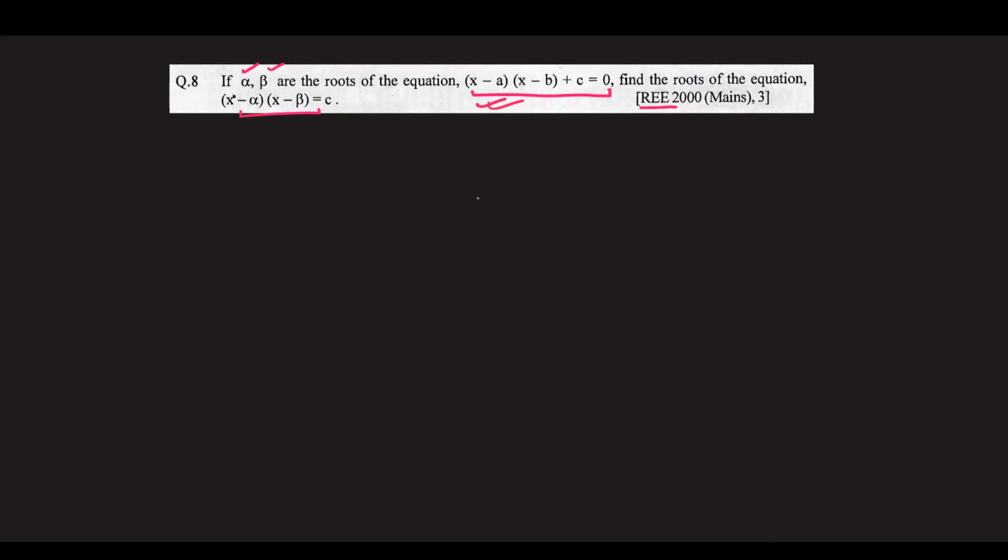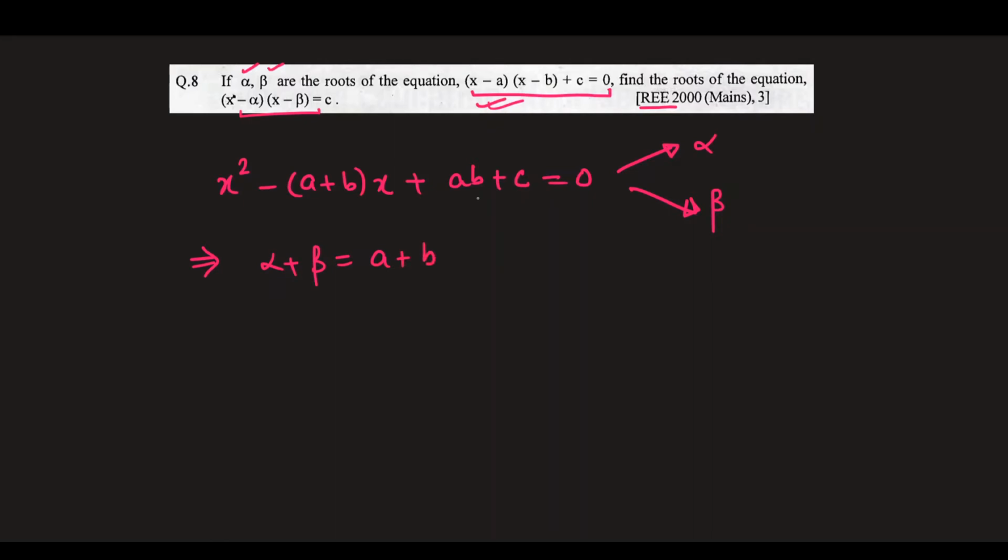If we simplify it, or rather expand it, we will be getting x square minus a plus b into x plus ab plus c is equal to 0. Its roots are alpha and beta, so alpha plus beta is a plus b and alpha beta is ab plus c. We have written this from sum and from product.